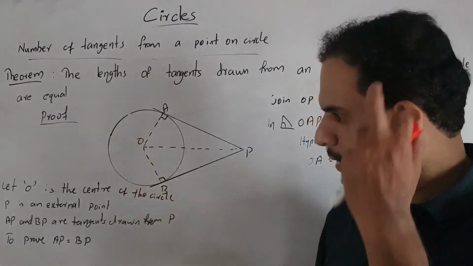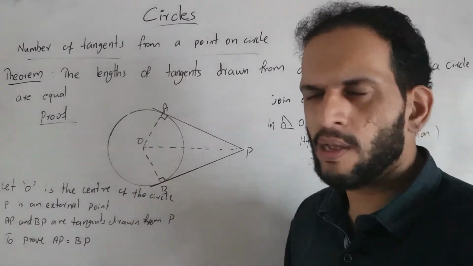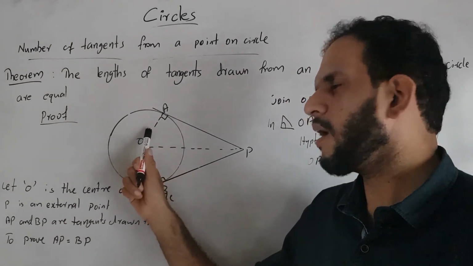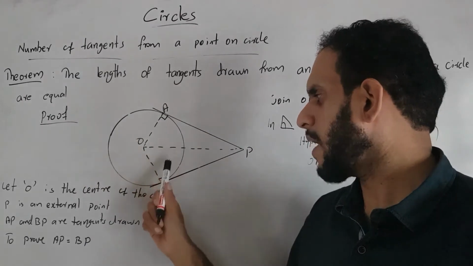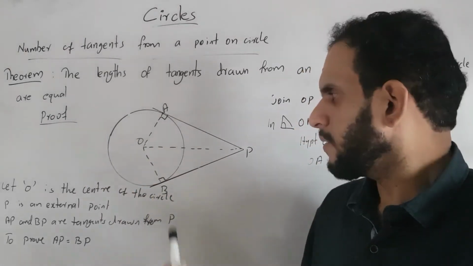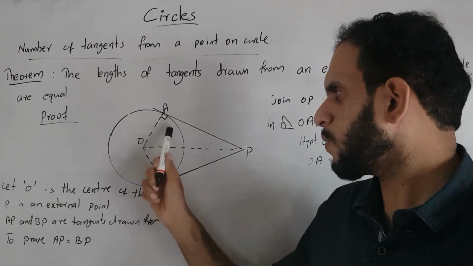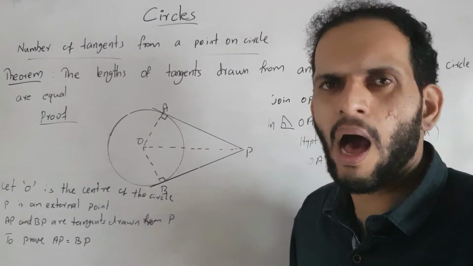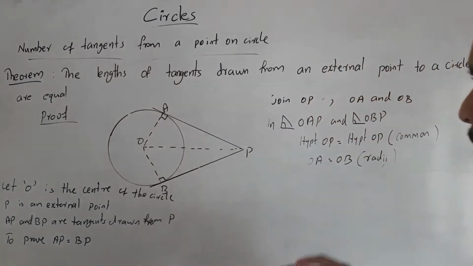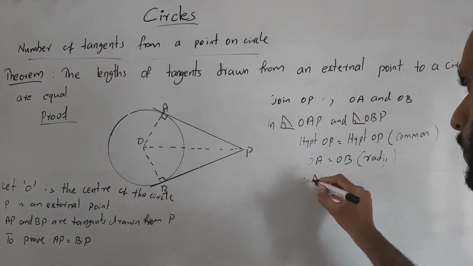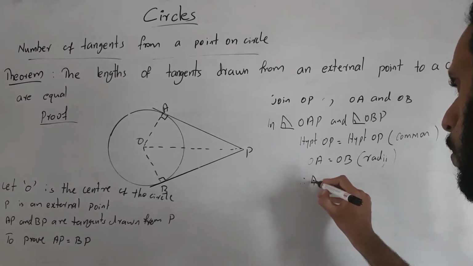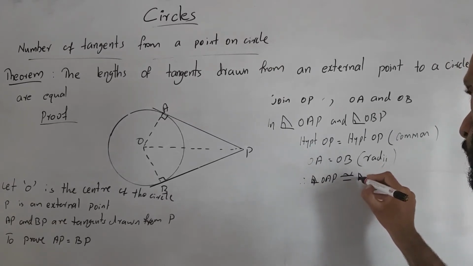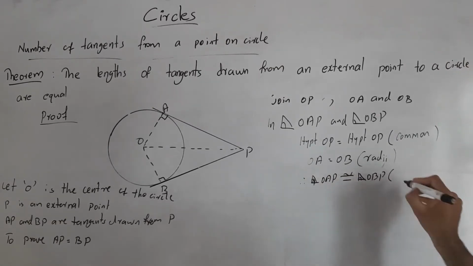Now we have it: in these right triangles, hypotenuse is equal to hypotenuse and one side is equal to one side. Then by the RHS congruence rule, the triangles are congruent. Therefore, right triangle OAP is congruent to right triangle OBP. What is the reason?